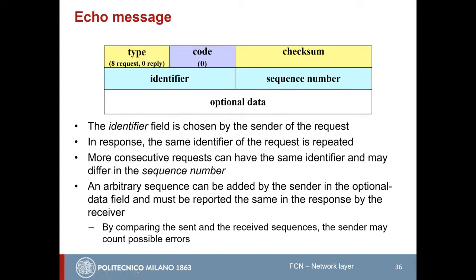So in this case, the original sender of the request, when it receives the reply, can compare the original sequence with the sequence that was received in the reply, and this is a way to perform an end-to-end error check between the source and destination. If there are differences in this sequence on some bits, then it means that there was an error.